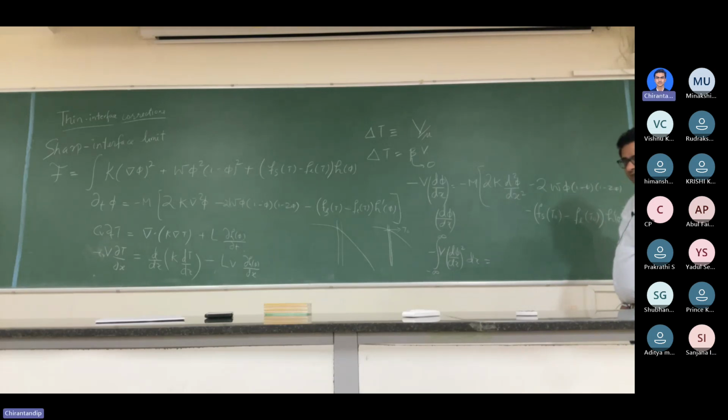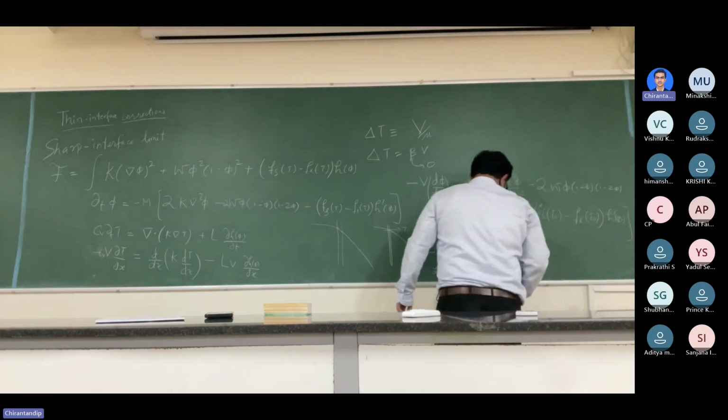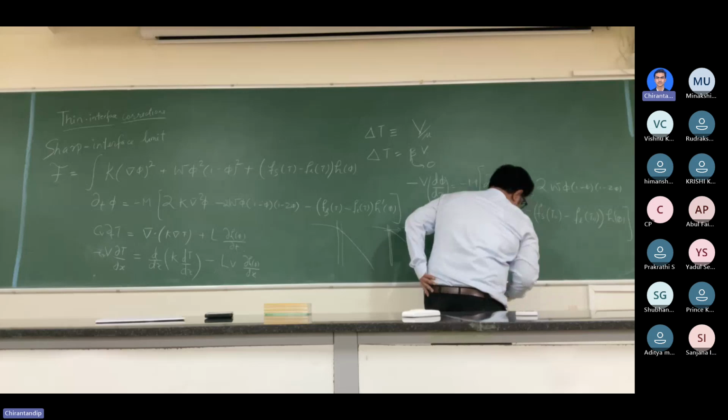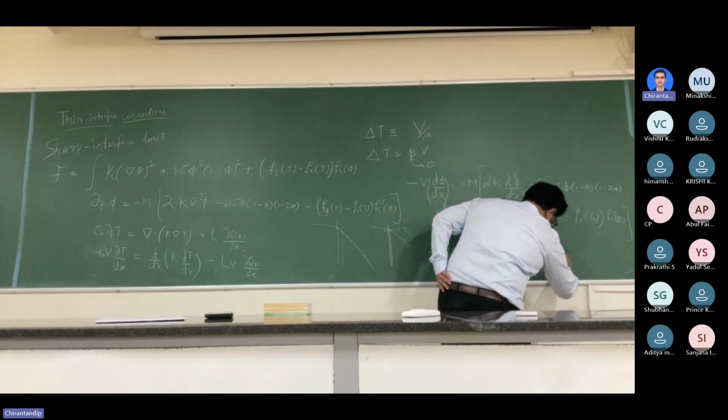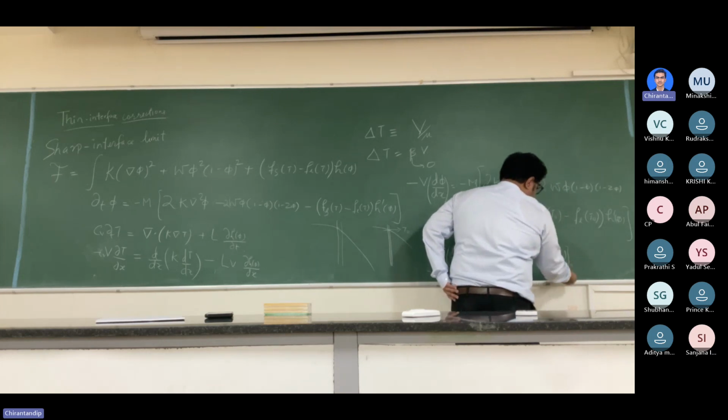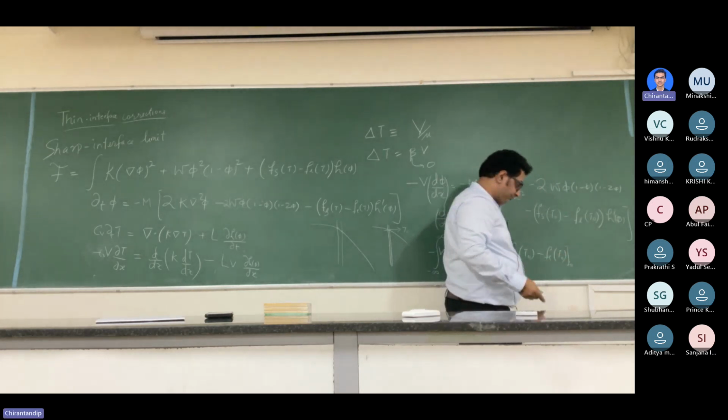What is left is this fellow, h prime of phi, which when you multiply with d phi by dx becomes just h of phi, and h of phi integrated from minus infinity to plus infinity would be 1 to 0. If you take the minus sign into account, it will become 0 to 1. So what you have is h of phi from 0 to 1, which is 1 itself.